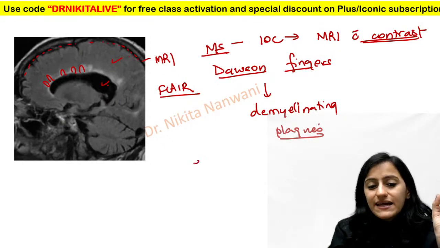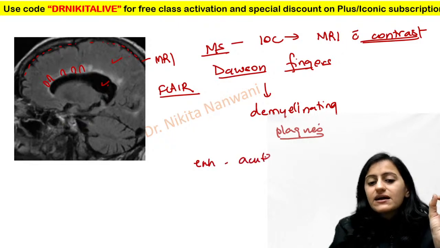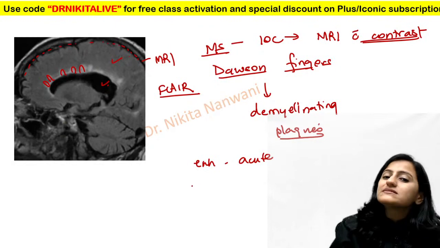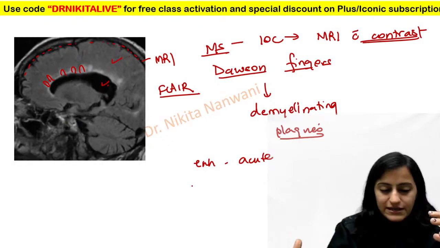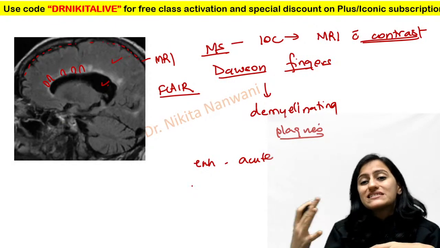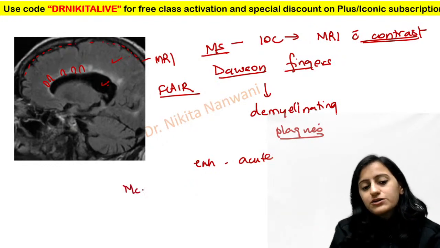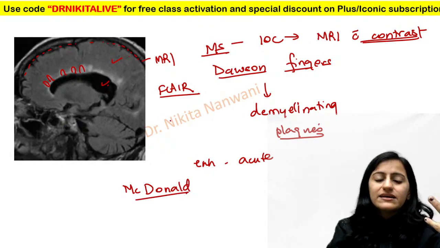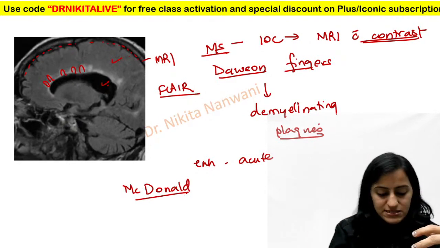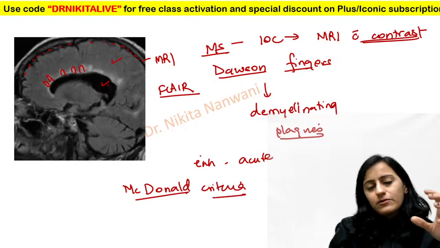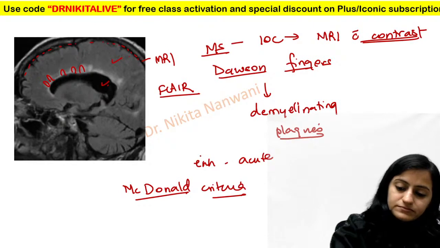If the plaques are enhancing, that means they are acute, the recent plaques. If the plaques are not enhancing, that means they are old. So that helps you to identify dissemination in time, that means new and old together. What criteria do we use? McDonald criteria. There has to be dissemination in time and dissemination in space. So we need a contrast scan.